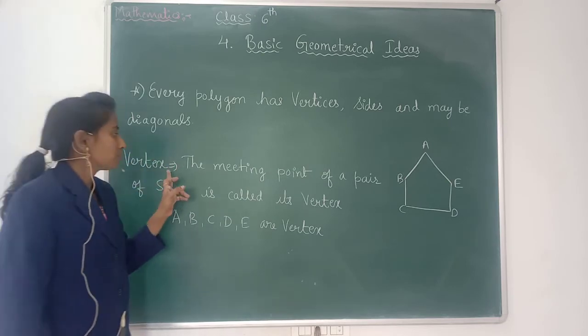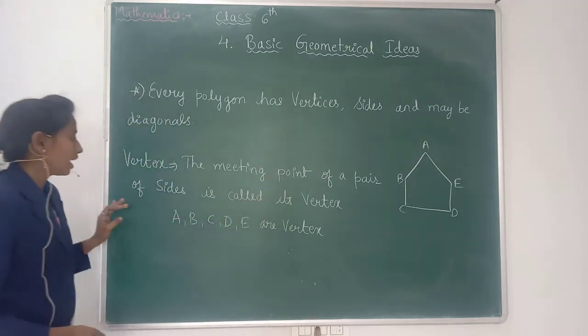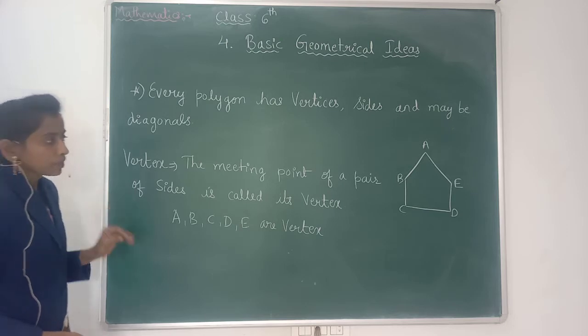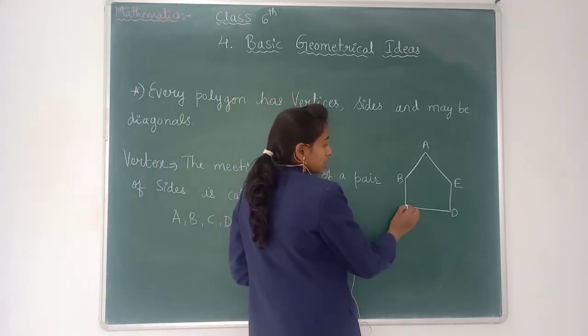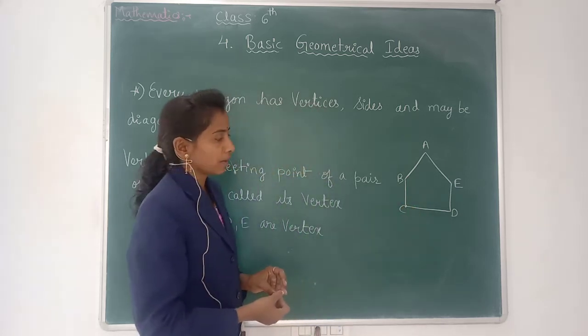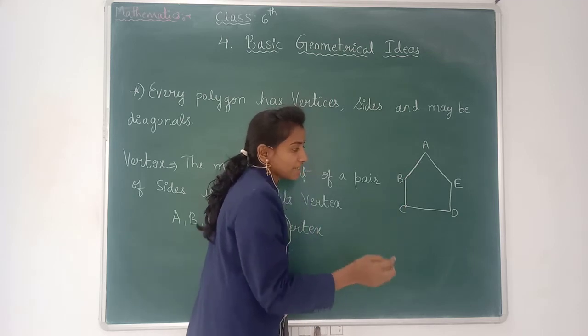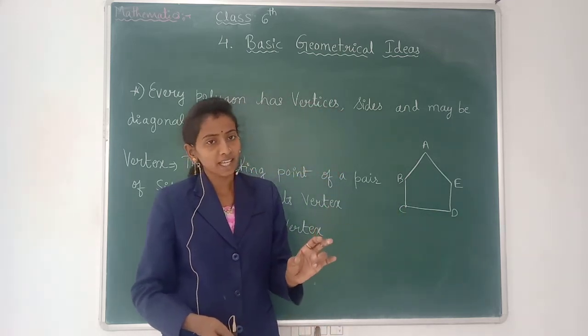See what is meant by vertex. The meeting point of a pair of sides is called its vertex. Here consider this point C. BC is one line segment and DC is one line segment.